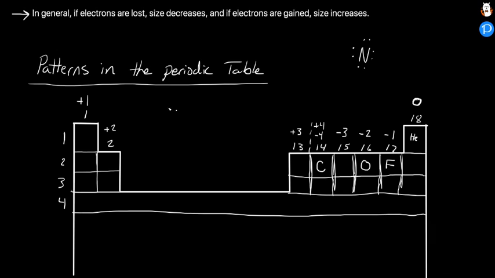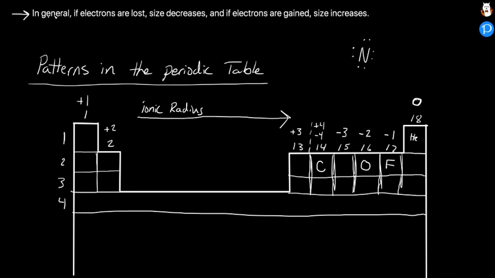The size, or the ionic radius, which is the size of these ions, as we move this way, is the size of those ions going to increase, or is it going to decrease as we move across this way? Well, let's think about it.